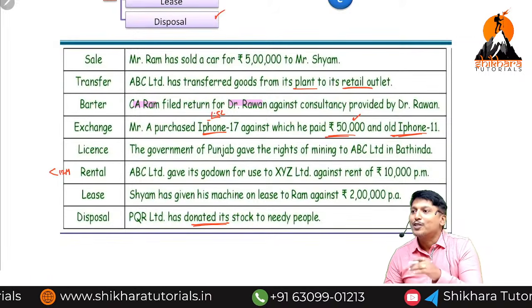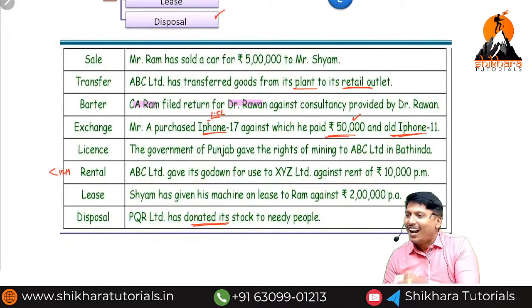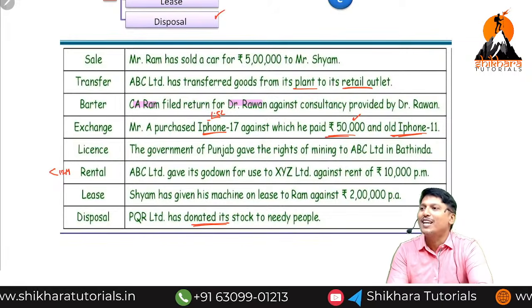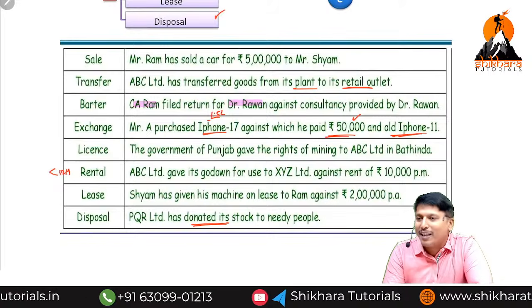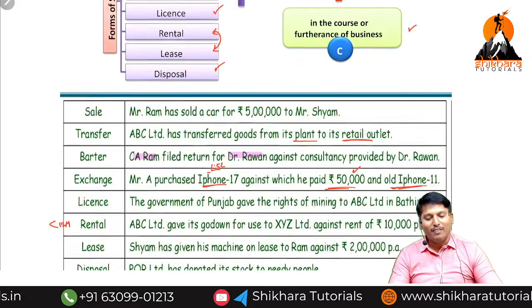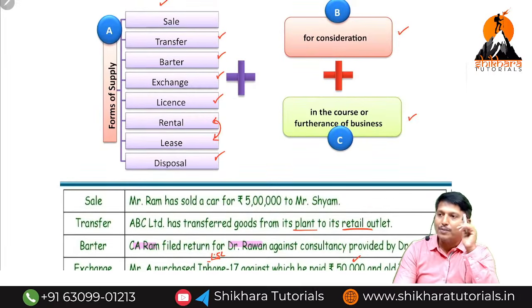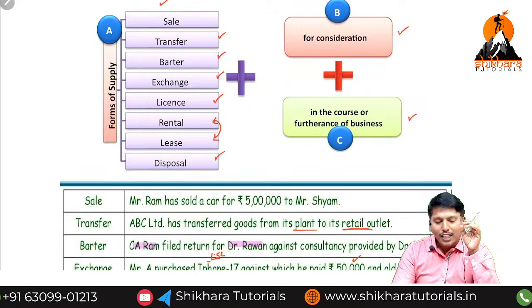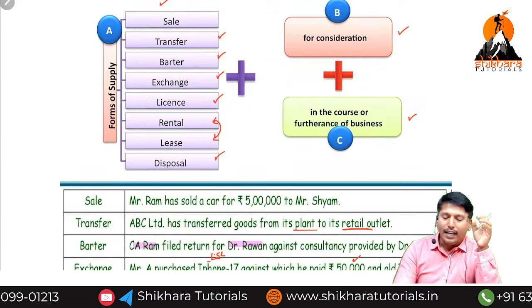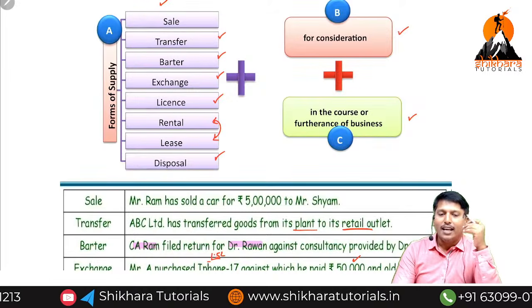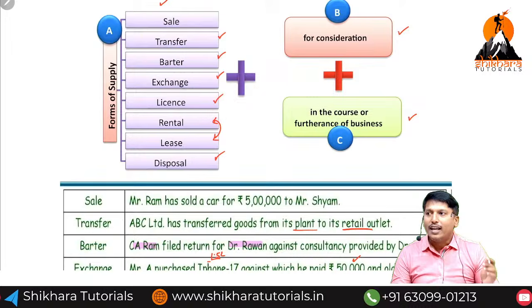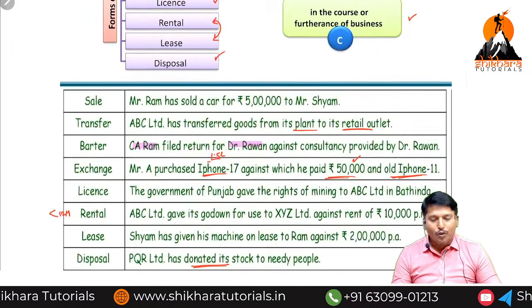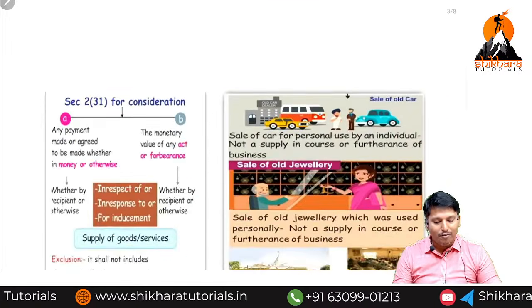If a company sold the old machinery and wants to purchase new machinery in the place of the old machinery, that is a supply. Disposal, that is a supply. Once again, what is a supply? All forms of sale, transfer, barter, exchange, license, rental, lease, disposal for what? Consideration in the course or furtherance of business.